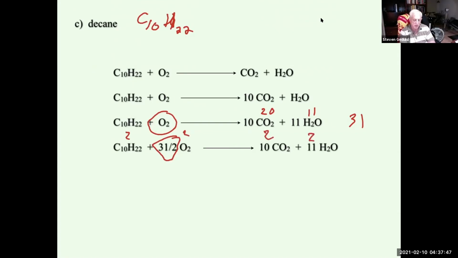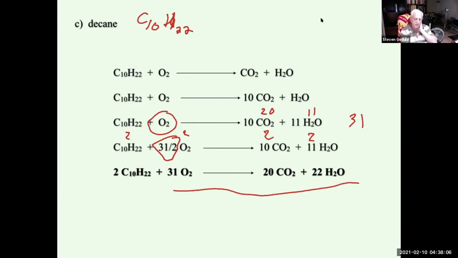So that's going to be 2 decanes, 31 O2s, 20 CO2s, and 22 H2Os. Now we have a balanced equation for the complete combustion of decane.